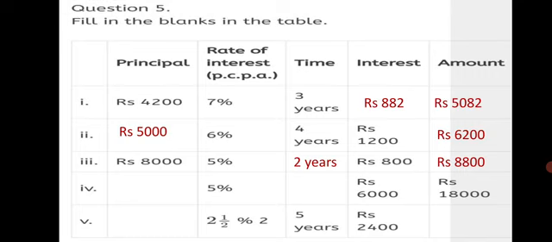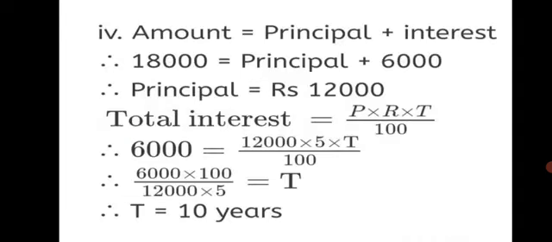Hence we will use amount is equal to P plus I. 18,000 is equal to 6,000 plus P. So amount is equal to principal plus interest. 18,000 is equal to principal, which we don't know, plus interest 6,000. So principal is equal to 18,000 minus 6,000 gives us 12,000.